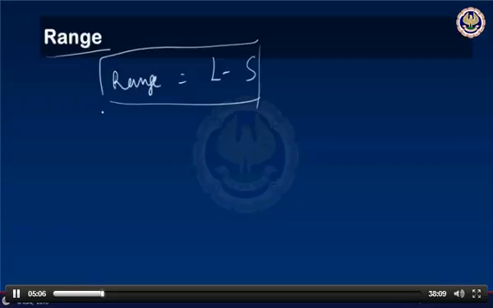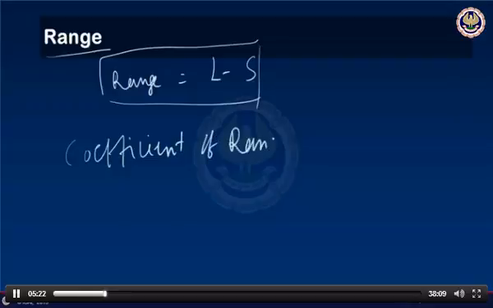This is the case of the absolute measure of dispersion. Now coming to the coefficient of range, which is L minus S divided by L plus S, into 100.